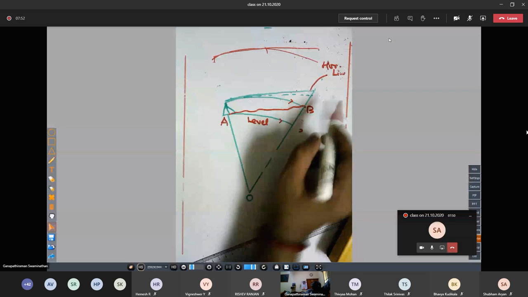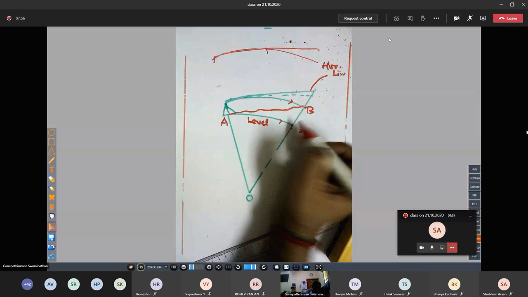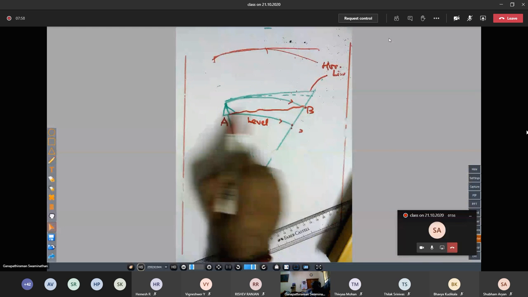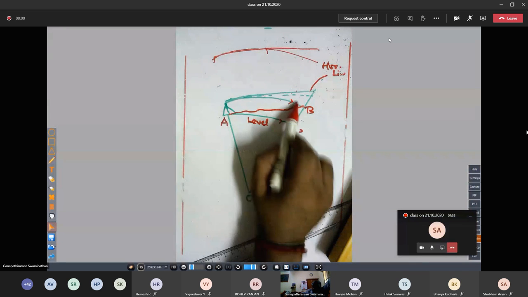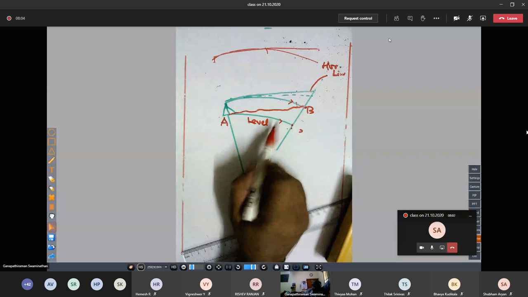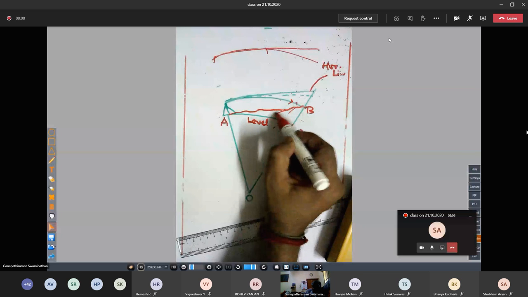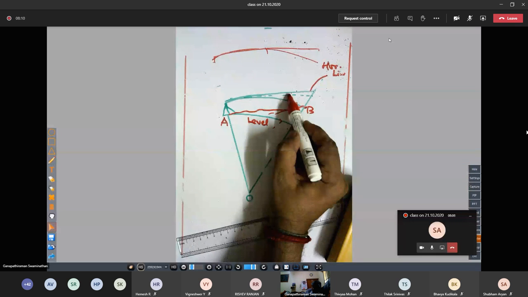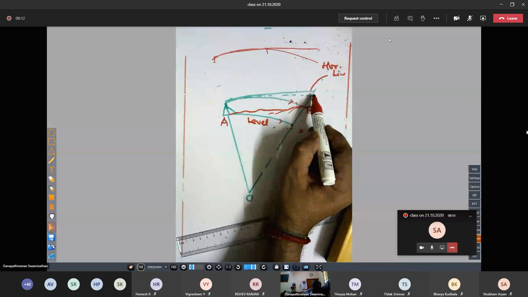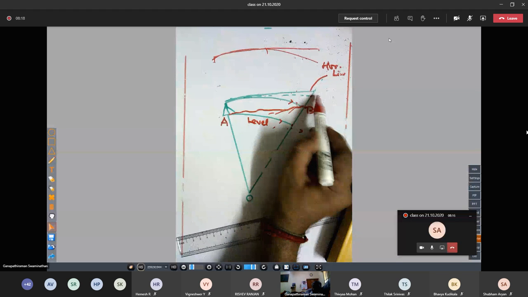So this is your level line. The true difference in elevation between points A and B is the difference between the level line passing through A and the level line passing through B. Now, because of the refraction of the atmosphere, the ray departs here, so you will be reading somewhere here.